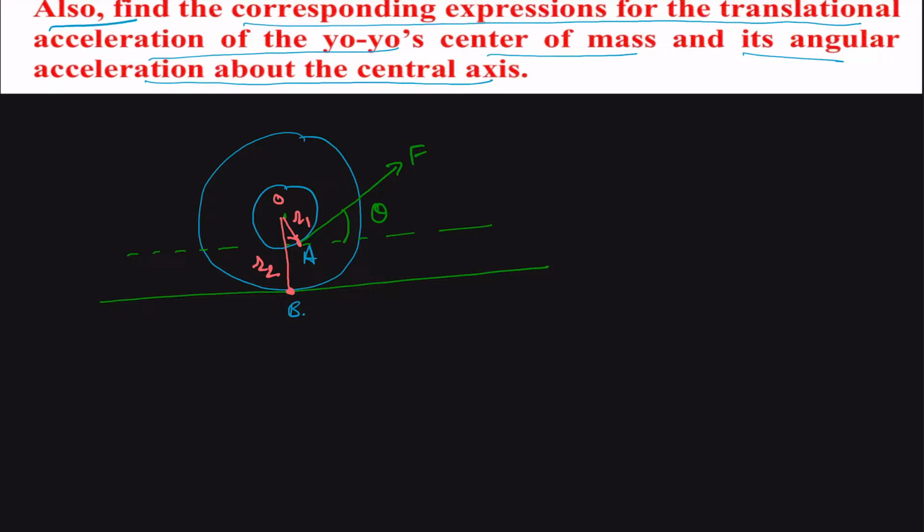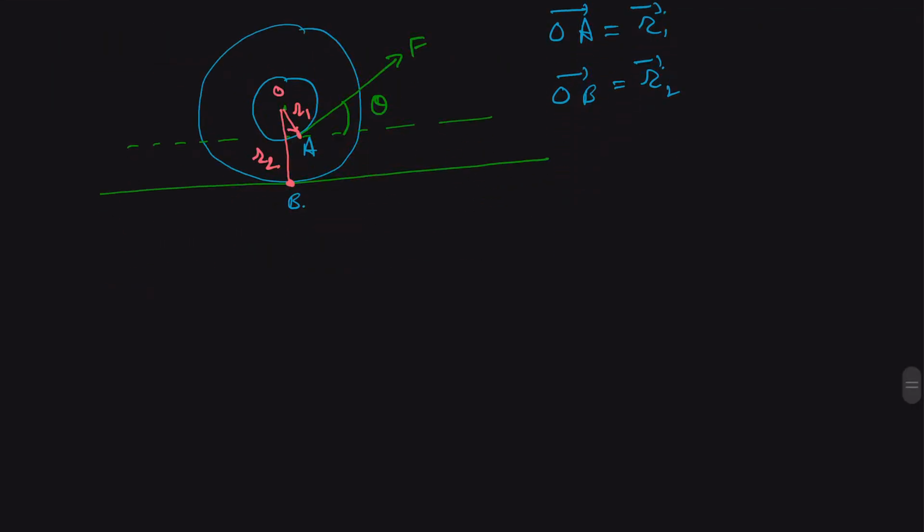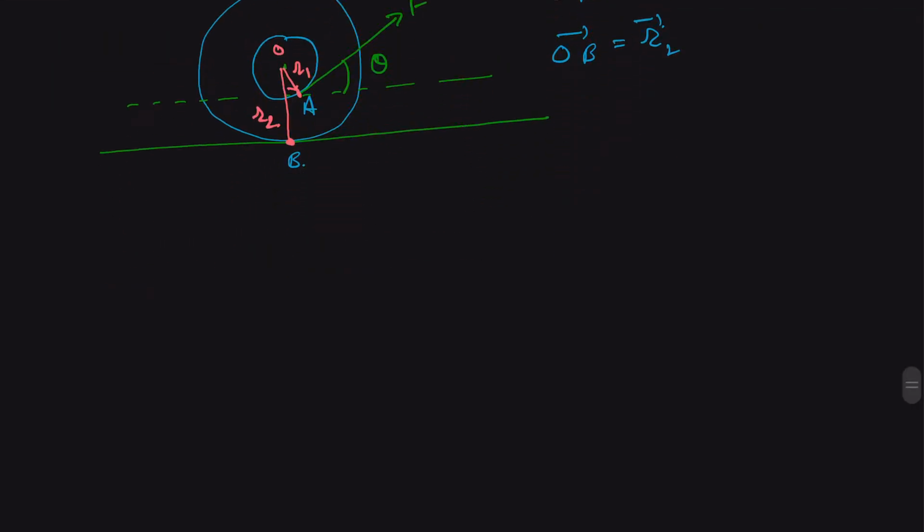So we can say that OA is represented by a position vector R1, and OB is represented by a position vector R2. And we can draw this figure, especially the OAB part, on a larger scale also.